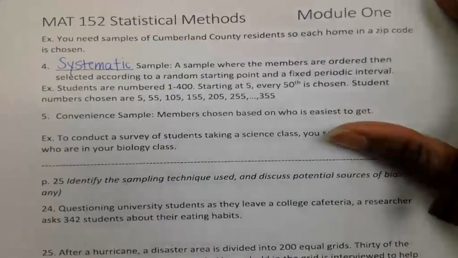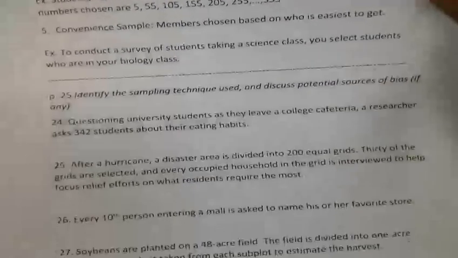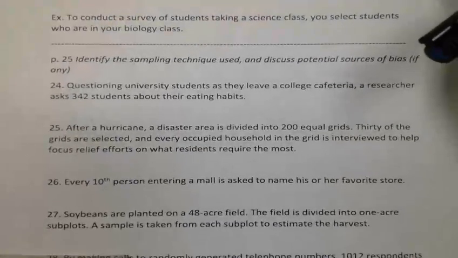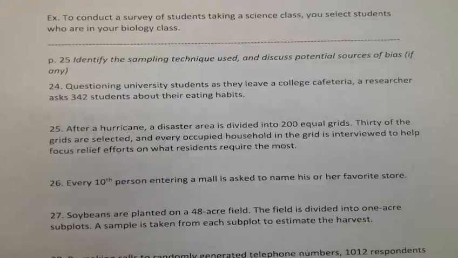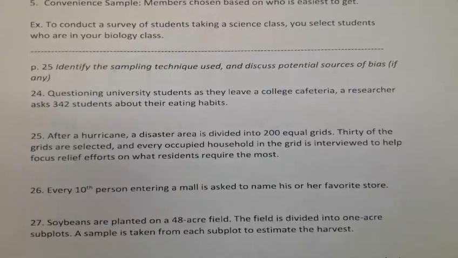So for our examples, we're going to look at how some of those may or may not have bias. In your homework, these questions do include whether you see any bias or not. Don't wreck your brain too much on those parts. I just want to make sure you understand how the techniques are sampled.